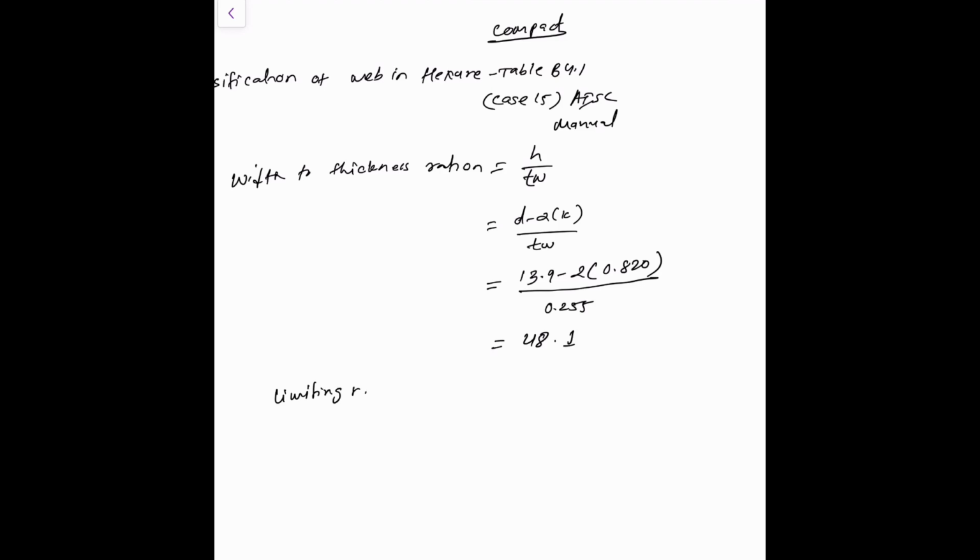Now the limiting ratio for compact section. The section is in case 15, compact section. So lambda p for web in flexure is given by 3.76 under root of E over Fy.